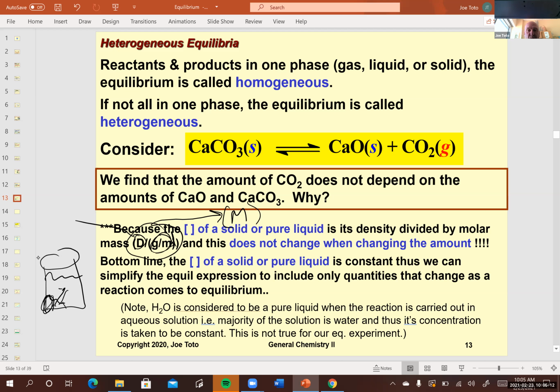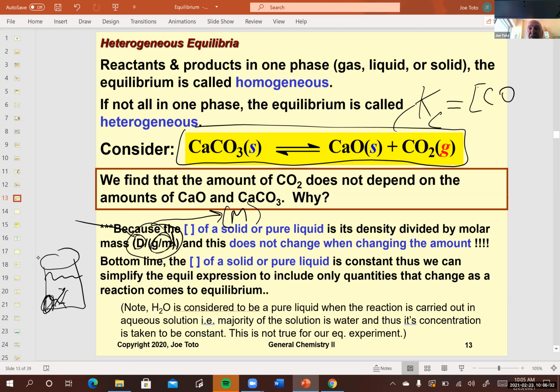So now when I see a reaction that involves solids and I want to form the equilibrium constant for it and associate it to something that I find in your textbook, I'm going to have to realize that the concentrations of any of the solids are not shown explicitly in the definition of the equilibrium constant using the law of mass action, because those constants are already taken into the equilibrium constant itself.